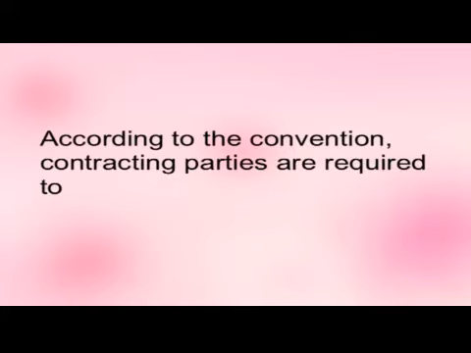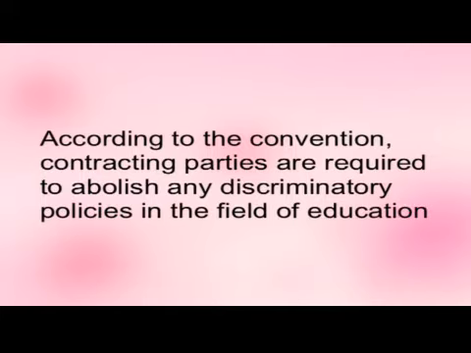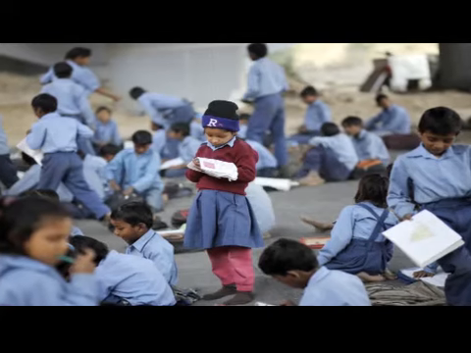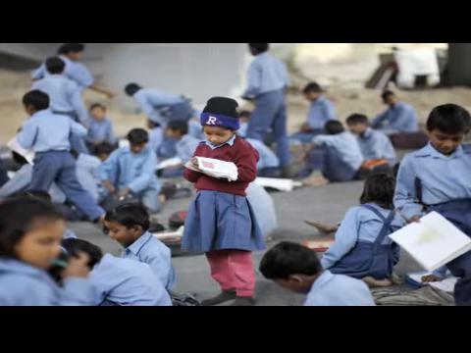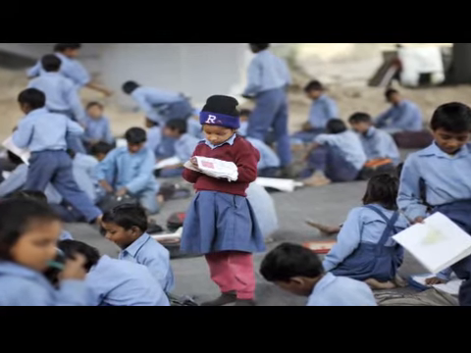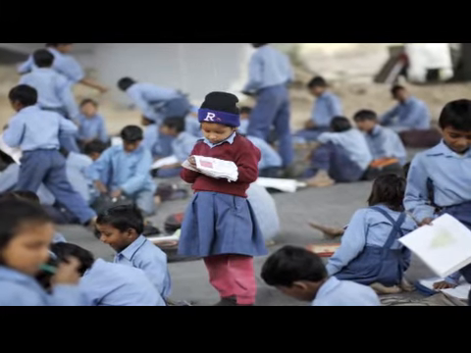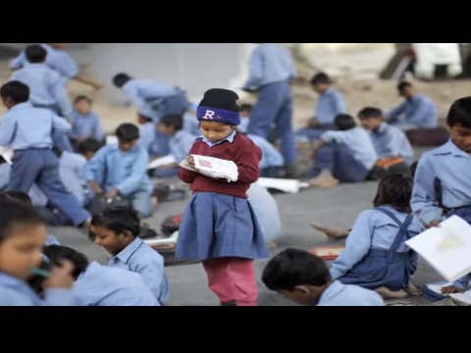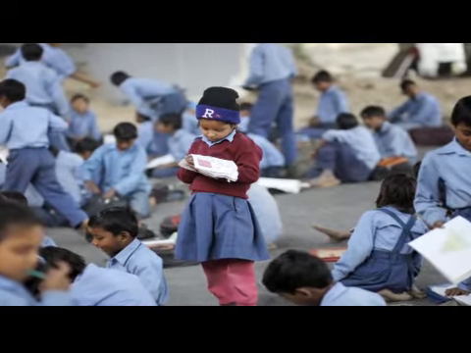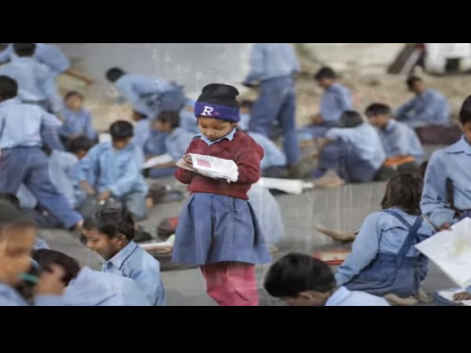According to the convention, contracting parties are required to abolish any discriminatory policies in the field of education. Furthermore, contracting parties must implement national policies that will establish primary education as free and compulsory, provide equal education opportunities for citizens, and ensure that there is no discrimination in the admission of people to educational institutions.